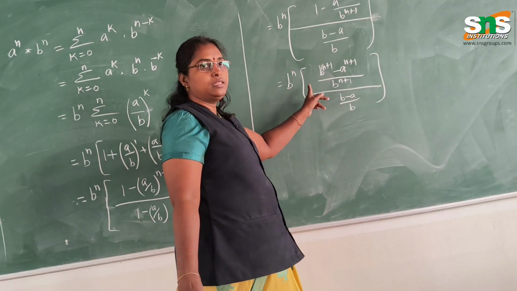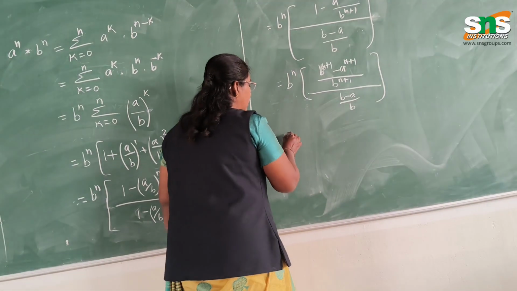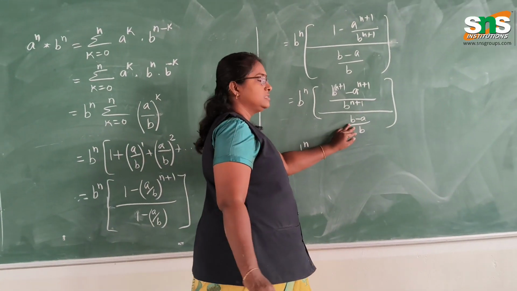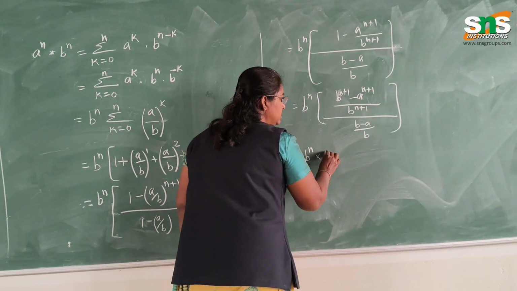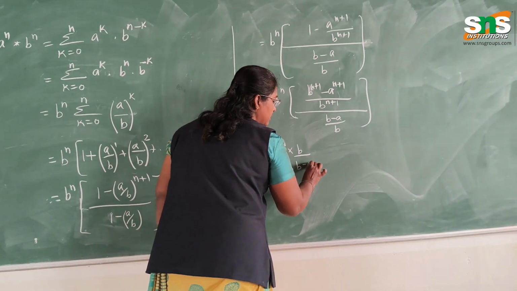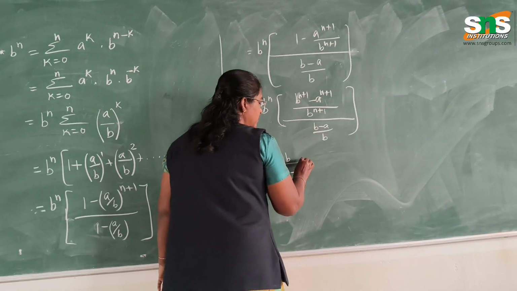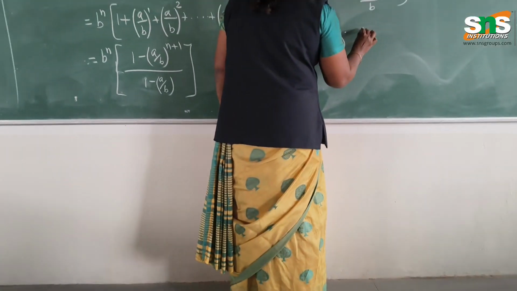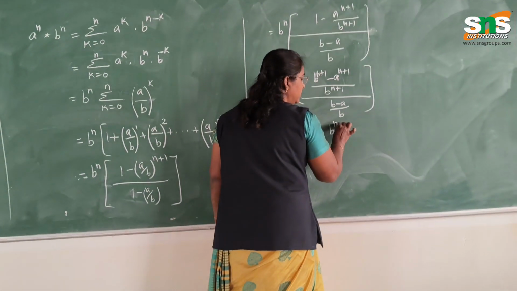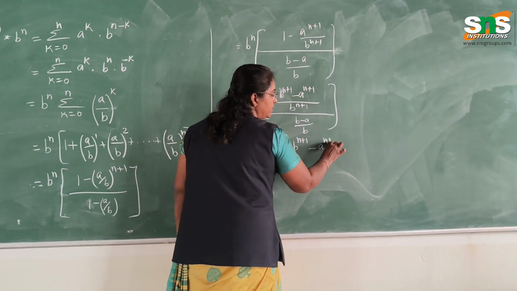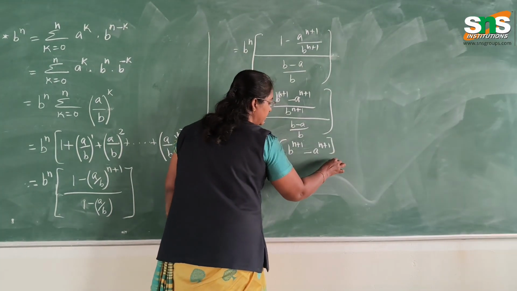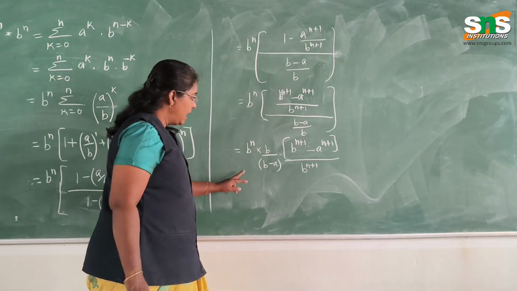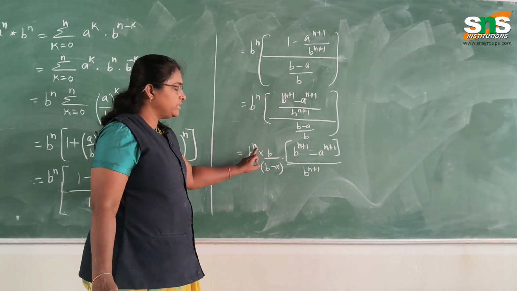Since the numerator and denominator both have fractions, write the denominator as a reciprocal term, b divided by b minus a, and the numerator as (b power n plus 1 minus a power n plus 1) in brackets over b power n plus 1. After this, with the same base, we can add the powers.